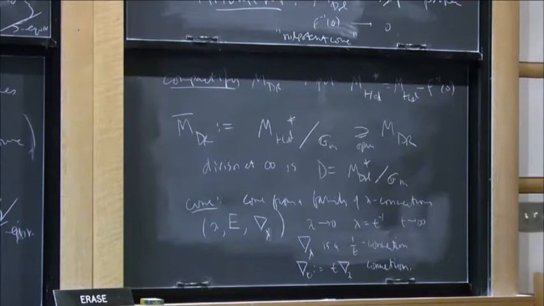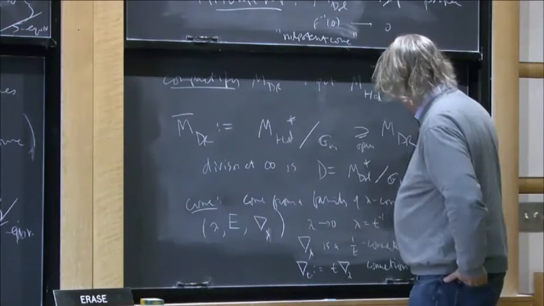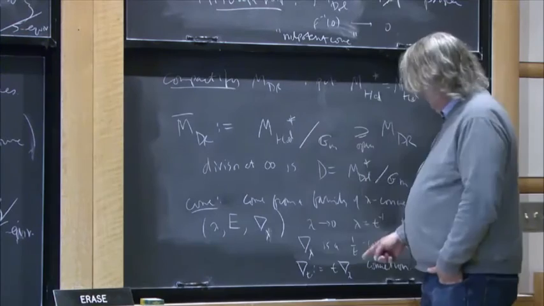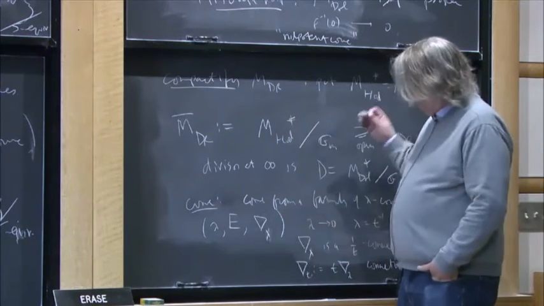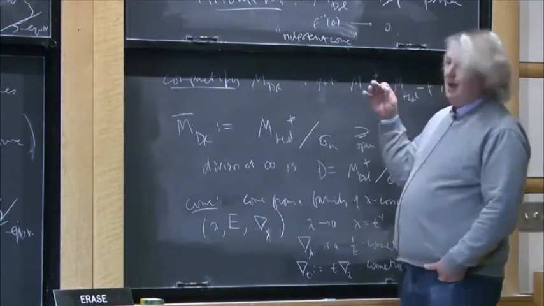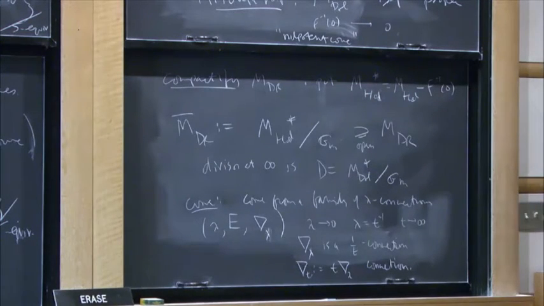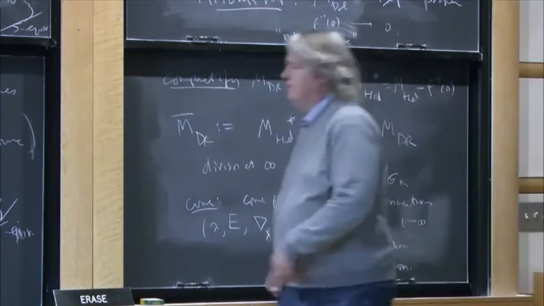Okay, so what did I do here? I just inverted the coordinate here to get something that's getting big. Then I use this rescaling property to rescale my lambda connections, where lambda is getting small, into just a family of connections, which should be getting big.